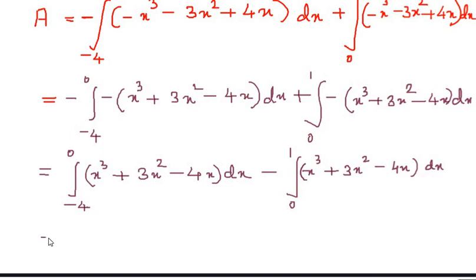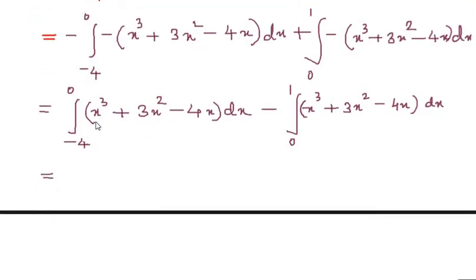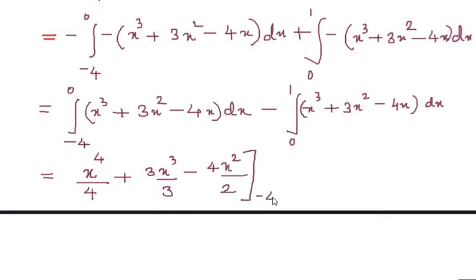Now for this example, I'm going to integrate the entire bracket at once. I'm not going to do it independently as I used to do in the previous examples. So here the integration of x cube is x to the power of 4 over 4, plus 3x cube over 3, minus 4x square over 2. Put the upper limit and lower limit, minus.